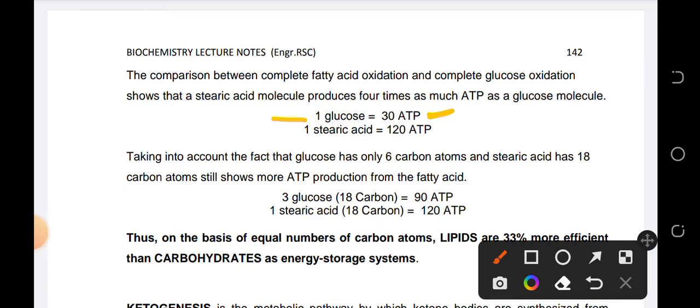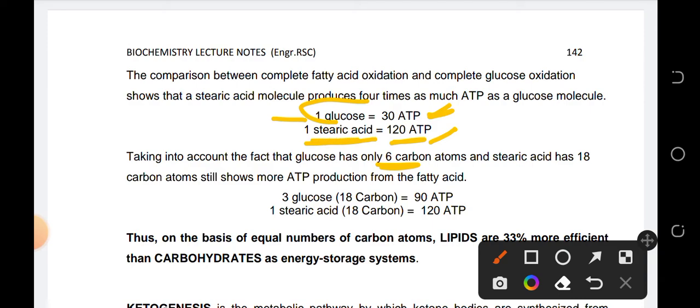So, 30 yan. For stearic acid, ito naman yung na-discuss natin kanina sa ating beta oxidation at nakaproduce siya ng 120. Pero take note that glucose is only 6 carbon atoms. So, parang hindi magandang i-compare na glucose 30 versus 120. So, pagparehasin natin sila para same yung carbon atom nila.